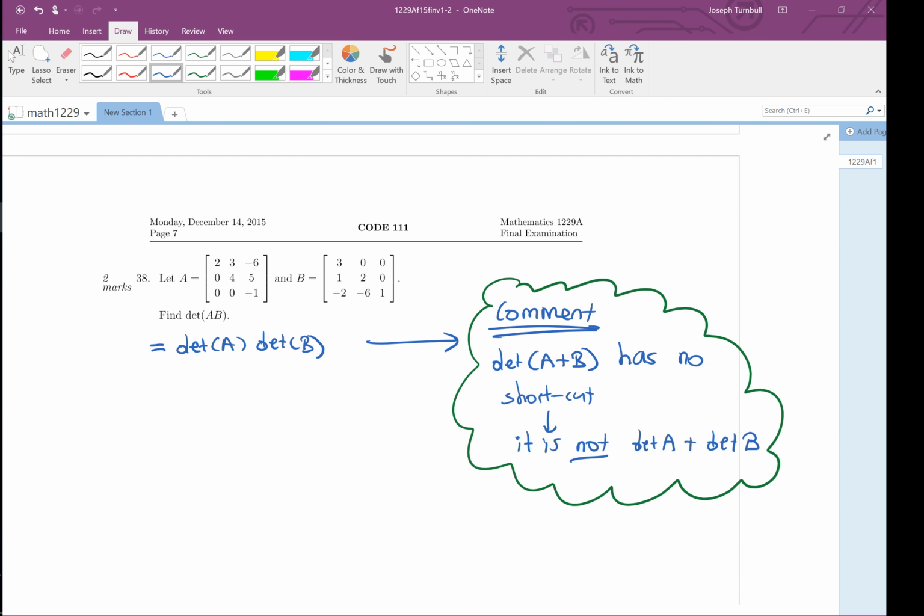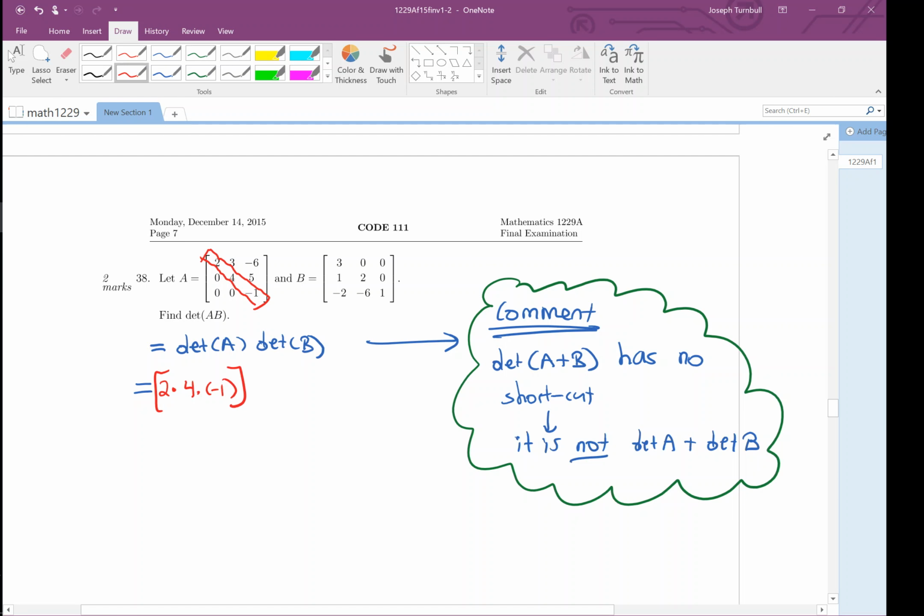Now what makes that so nice is that A is upper triangular and B is lower triangular. And the determinant of triangular matrices is just the product of the main diagonal. So for the first one, for A, we multiply the 2 times the 4 times the negative 1. So 2 times 4 times negative 1. That's for the first matrix.